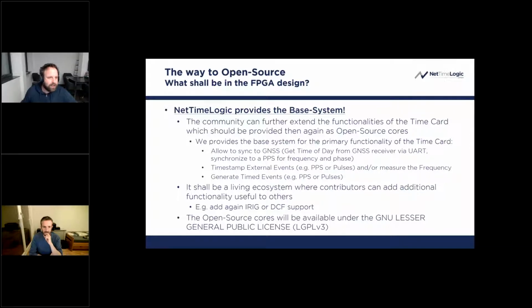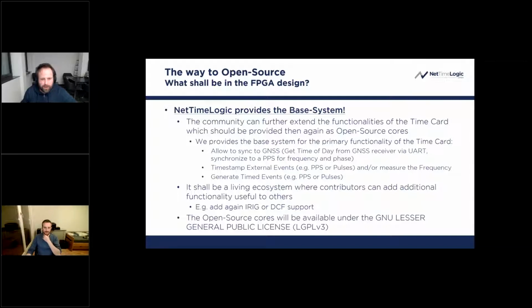In the end, it shall be a living ecosystem where everybody can contribute to the time card open source project, and maybe add again those functionalities which we don't see as the base functionality, like the IRIG part or the DCF, or whatever you come up with.